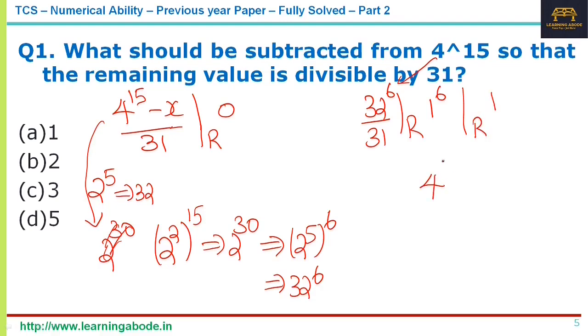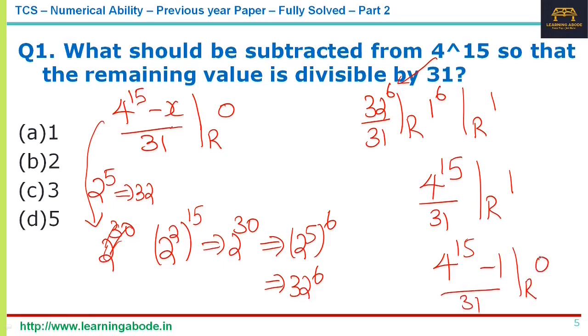So 4 power 15 by 31, the remainder is 1, which means 4 power 15 minus 1 is completely divisible by 31. So that means the remainder is 0. The value of x is 1.